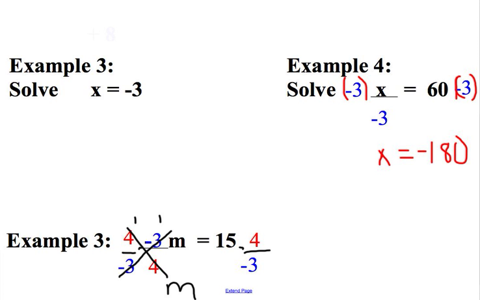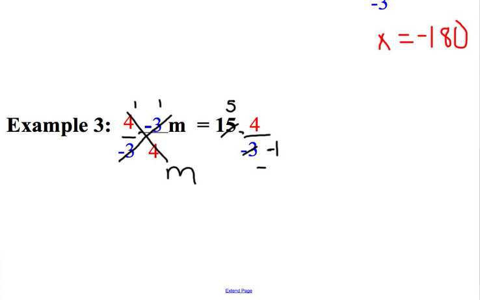Same here. 15 divided by 3 is 5. And then this becomes a negative 1. And I don't care how you do it. 5 times 4 is 20. 20 divided by negative 1 is negative 20. And you can move on to the next problem.